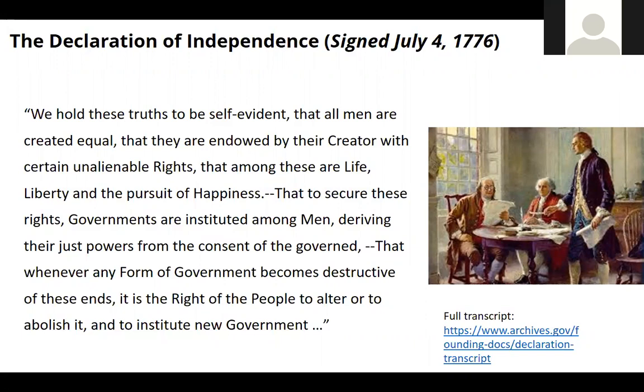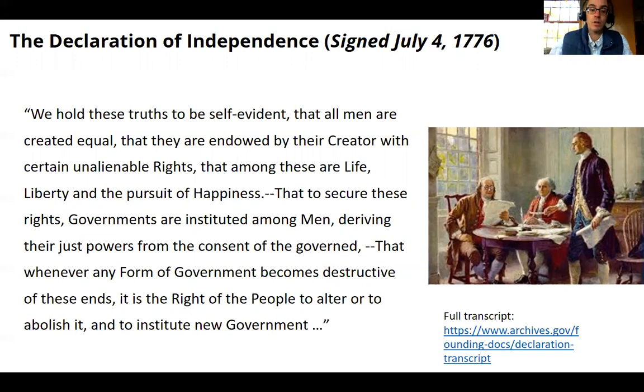That to secure these rights, governments are instituted among men, deriving their just powers from the consent of the governed. That whenever any form of government becomes destructive of these ends, it is the right of the people to alter or to abolish it and to institute new government.